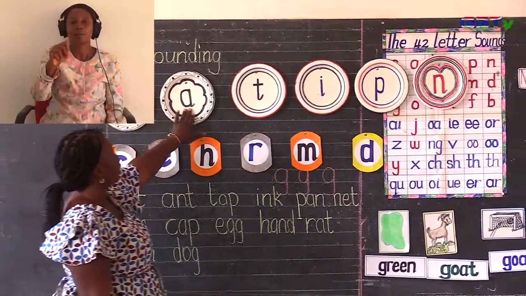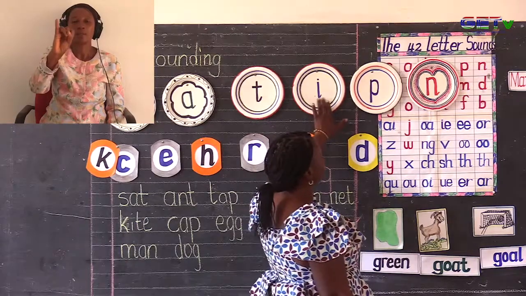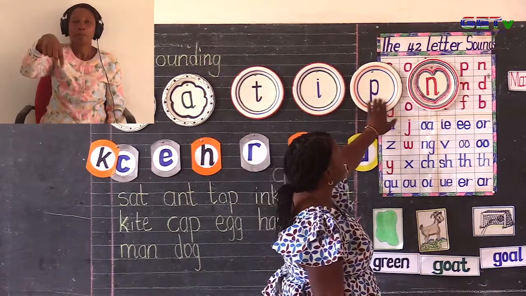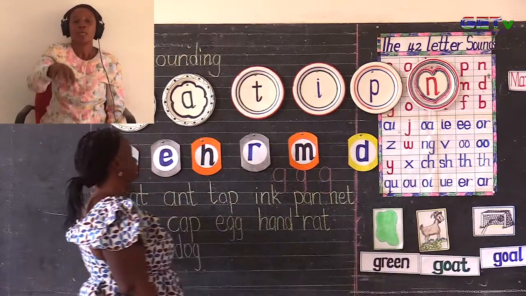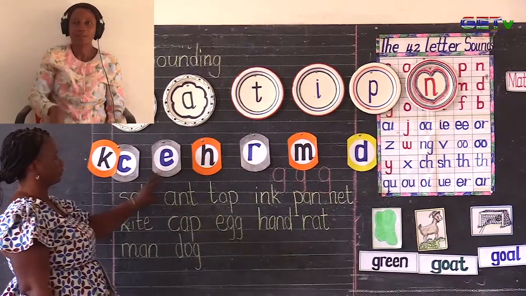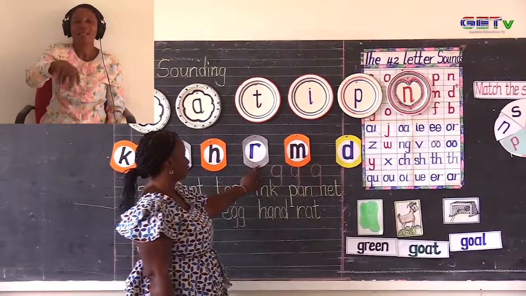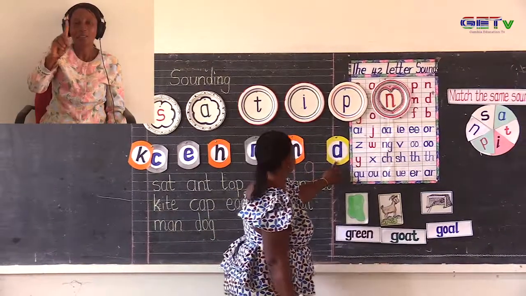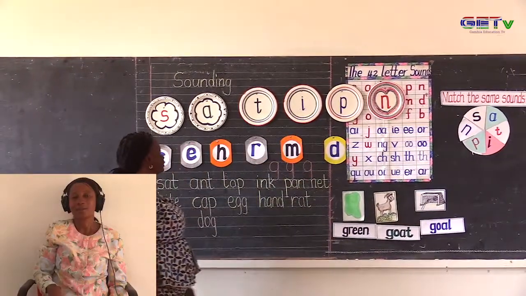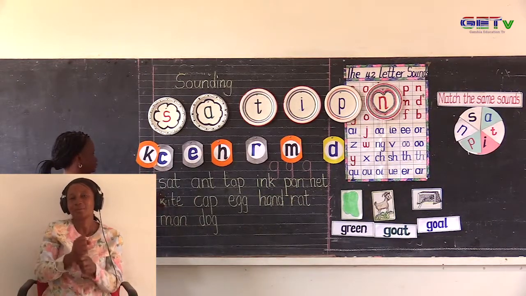S, A, T, I, P, N, K, E, H, R, M, D. And then we look at the words that we have formed using the initial sounds.